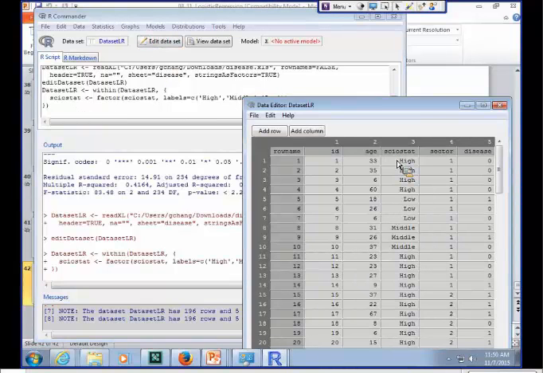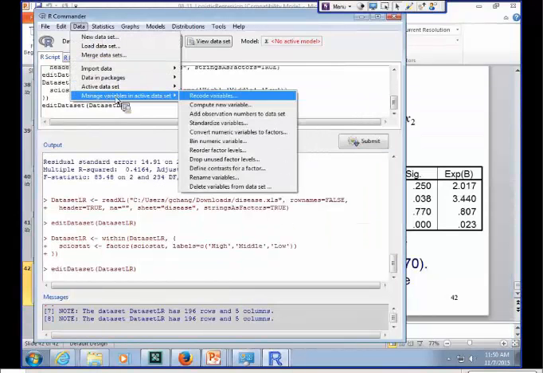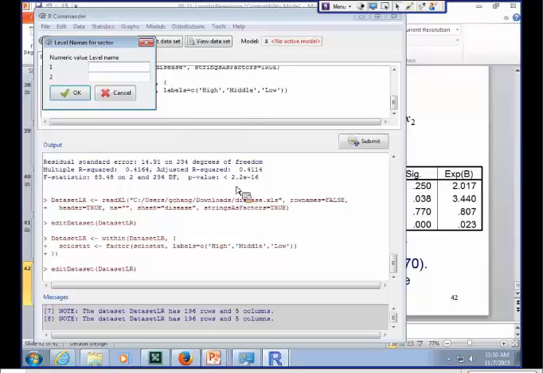Now it's set, right? And sector, I also have to make it a factor. I also want to label them. So for sector, 1 is sector 1, right? And 2 is for sector 2. Okay, and click OK.